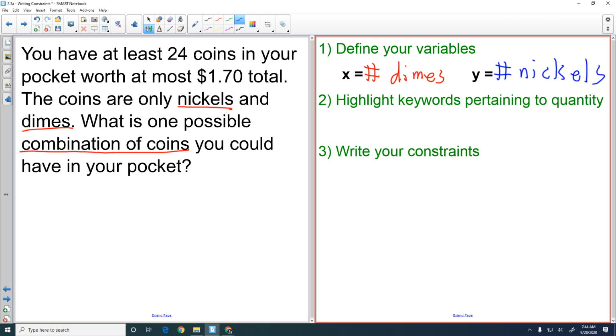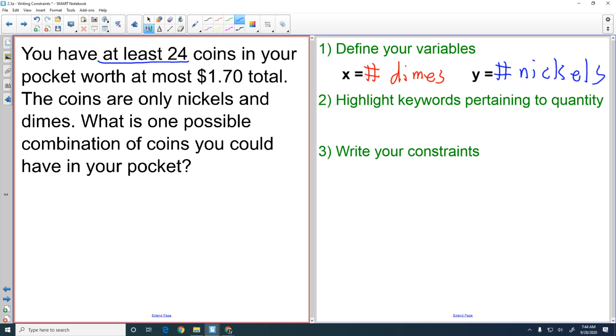All right, next thing, we're going to be writing these constraints, these inequalities. And to do that, we're going to look for certain keywords, such as I have at least 24 coins. All right, that tells me something pertaining to quantity, at least. At least means that that's the lowest number, that's the minimum. I could have more, but I need to have at least 24.